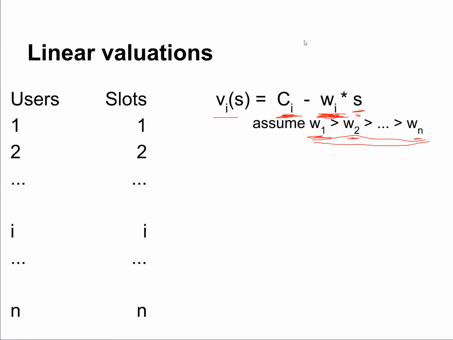Okay. And if that's the case, then the question is, what would be the optimal allocation? What would be the socially optimal allocation? How would you assign slots to the users? So you know you have to match the slots to the users one-to-one. Whom would you give the first slot?